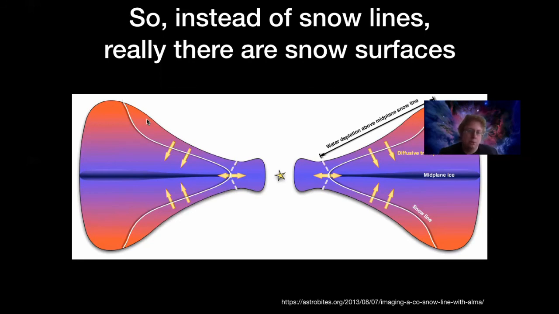If there's water up here, it would still be steam, whereas much closer to the center of the disk, the water around here will be solid. So really, we don't look at snow lines so much as we look at snow surfaces, because we have this 3D border between the regions where there's gaseous water and where there's solid water in the disk.